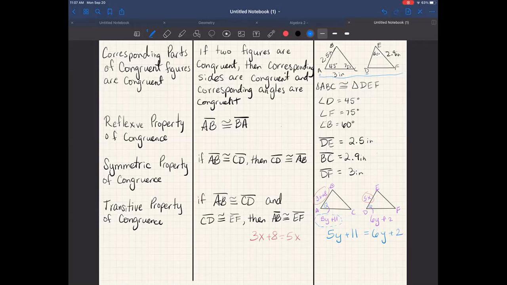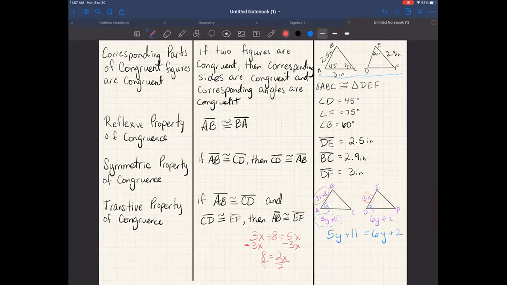So my first one, I'm going to move the 3x to the 5x. Remember, I want to stay in the positives. So I'm going to move the 3x so that my 5 can stay positive, which leaves me with 8 equals 5 minus 3, which is just 2x.